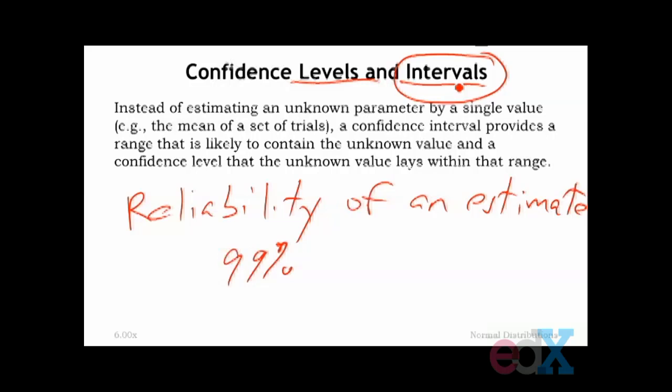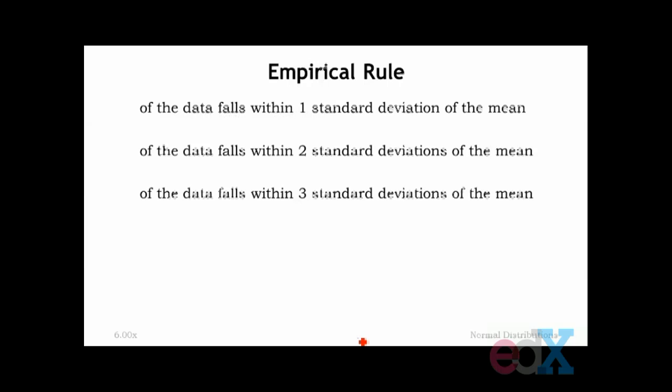Keep in mind that the calculation of a confidence interval requires assumptions about the nature of the space being sampled. Most typically, it assumes that the distribution of errors of estimation is normal. The empirical rule for normal distributions provides a handy way to estimate confidence intervals and levels given the mean and standard deviation.